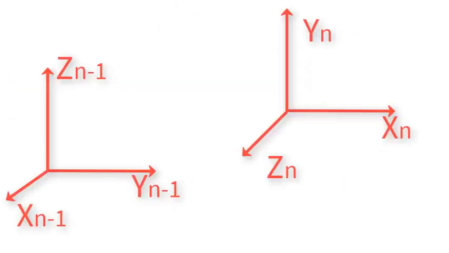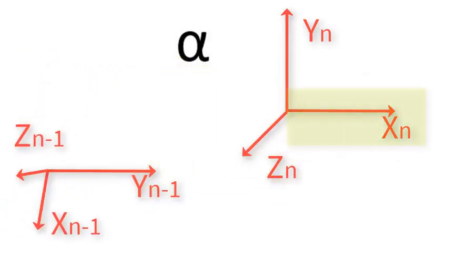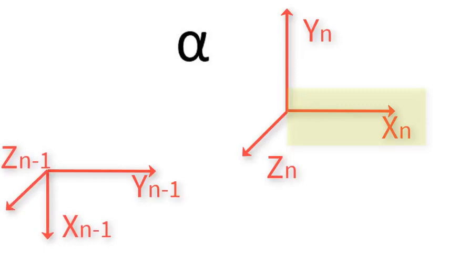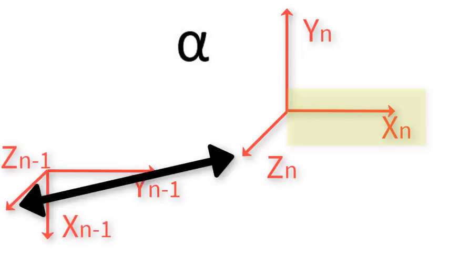Alright, let's move on to the second parameter, which is also a rotational parameter. It's called alpha. Alpha is the amount that we have to rotate frame n-1 around axis xn to get axis zn-1 to match zn.